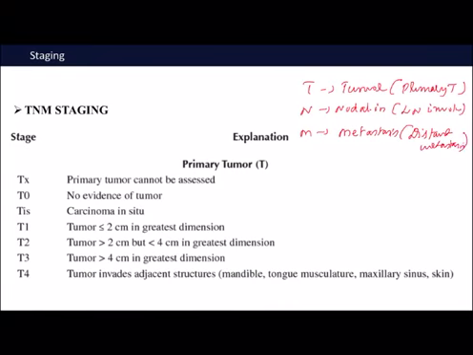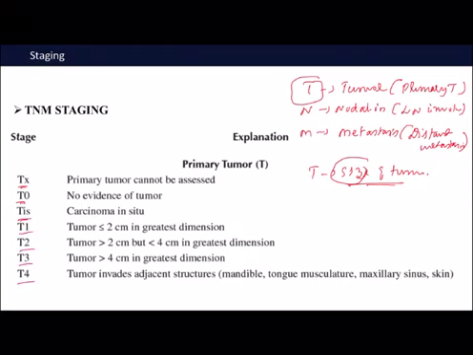Fine. Now let's concentrate on the first one, that is T of your TNM staging. Here the T can be classified into many types. The major factor involved in the T is the size of the tumor. Whenever I use the word tumor, tumor has size. It could be of small size, it could be of large size, and if it is larger, it starts invading the adjacent structures. Based upon that, we have given the T as Tx, T0, Tis, T1, T2, T3 and T4.